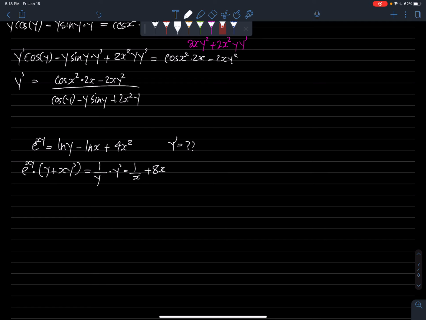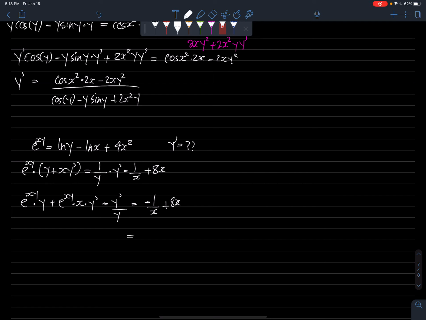Now let's do it. So it'd be e to the xy times y plus e to the xy times x times y prime is equal, subtract it, minus y prime over y equals negative 1 over x plus 8x.